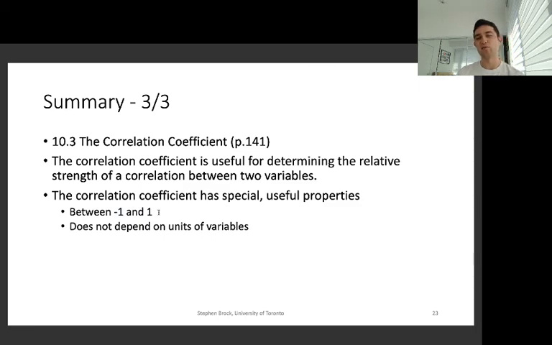And what's good about this is that we can now compare the correlation between two variables with the correlation between two other variables. So for example, if we wanted to compare the correlation between blood pressure and heart attack and exercise and heart attack, then we could compare how strong the correlation is by using the correlation coefficient, because now all the values will be between -1 and 1.